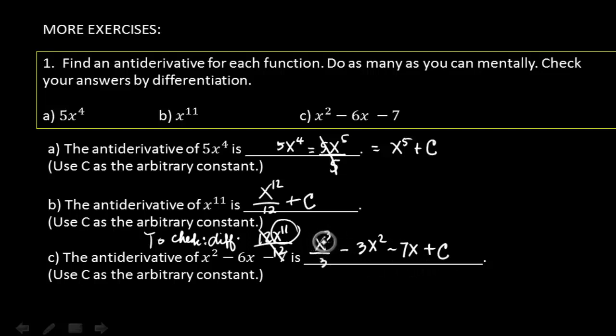What is the derivative of x cubed divided by 3? Well, it's x squared, because you bring that 3 down, 3x squared over 3, that cancels out, so you get x squared. And then differentiating, you get 6x, and then the derivative of negative 7x is minus 7. So that takes care of exercise 1.